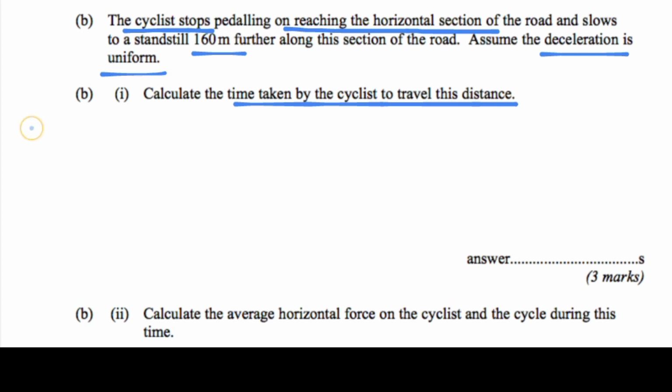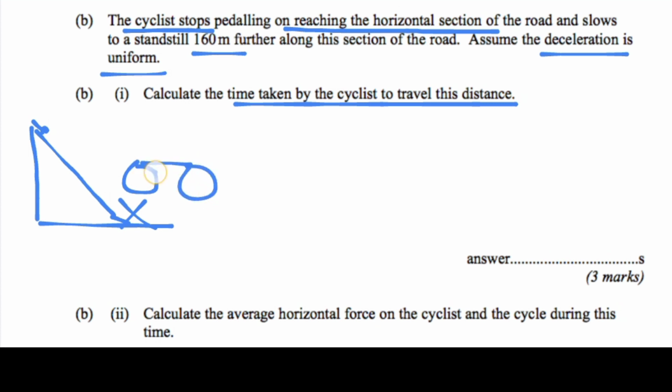Alright, now we need to again visualize the problem. The cyclist started from the top and he reached the horizontal section. After reaching the horizontal section, he continues to move along the horizontal section for 160 meters.